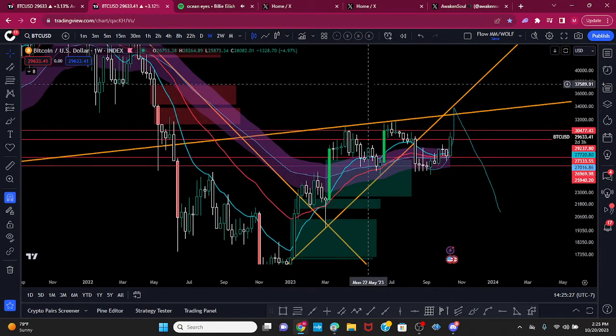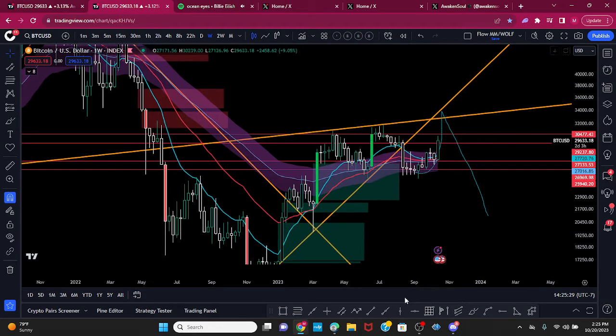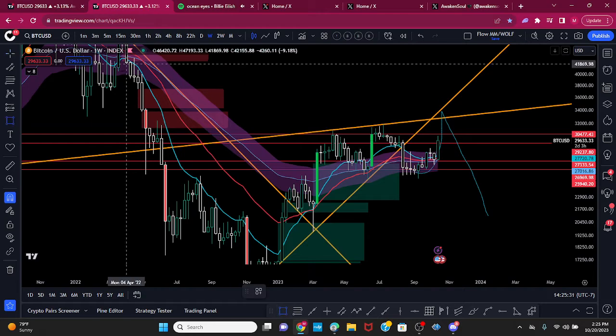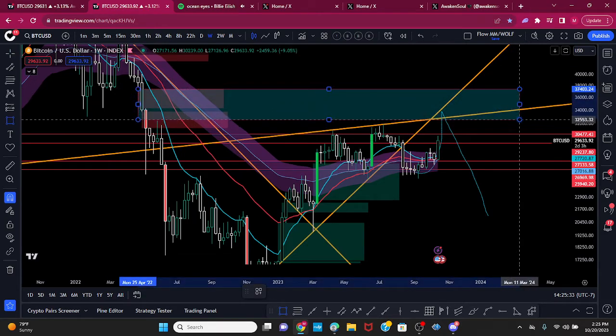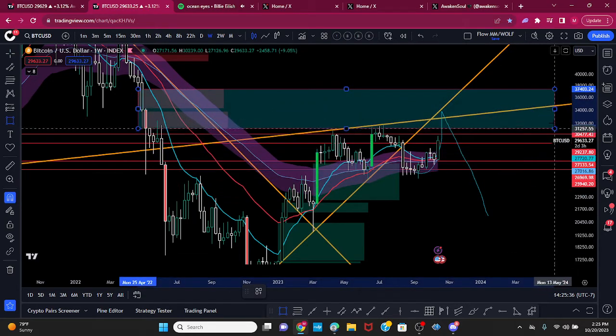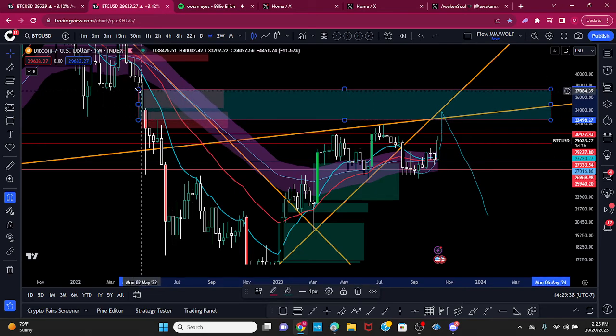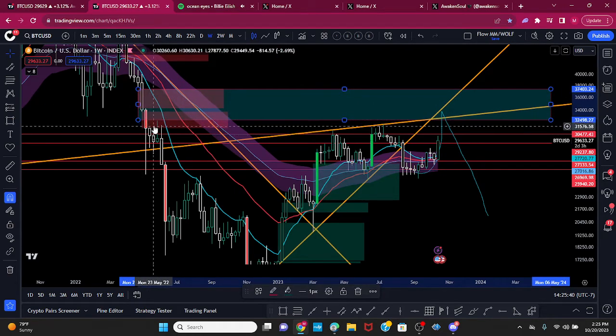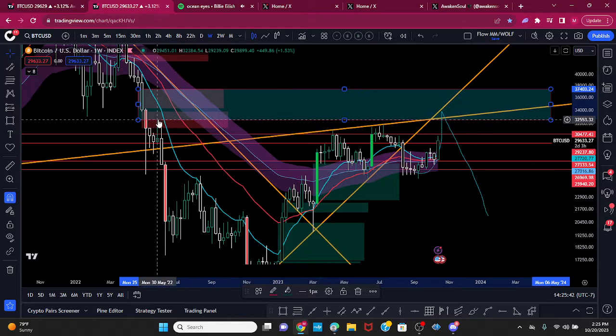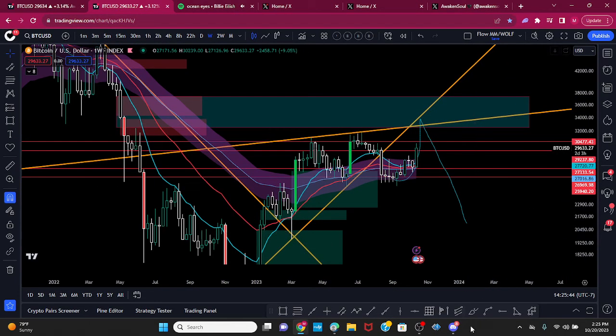This is where all your technical analysis comes into play. We understand that this is a possibility of a 50% recovery from this wick to this wick here. So we could come down to a 50% recovery. Look at that.